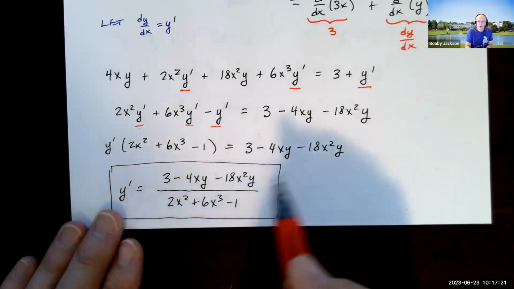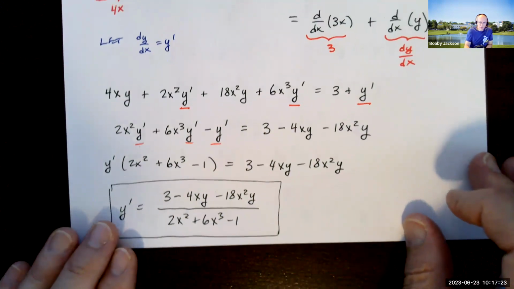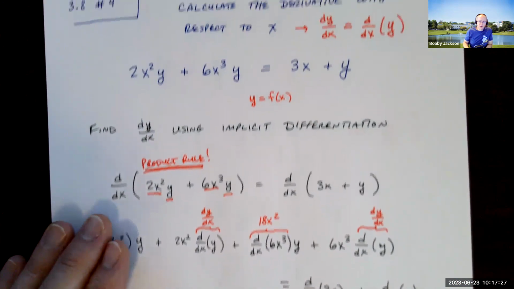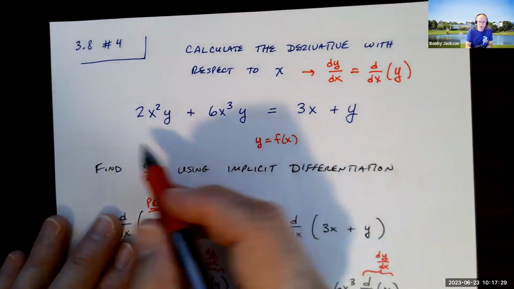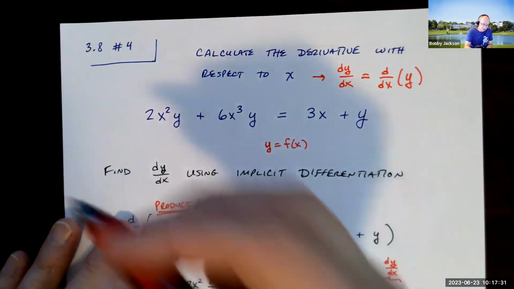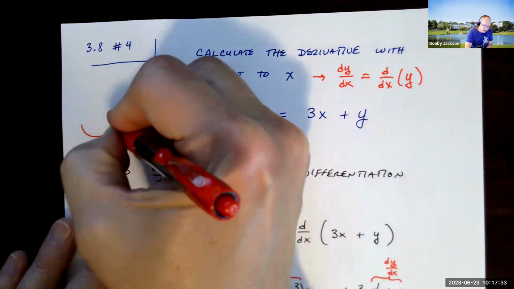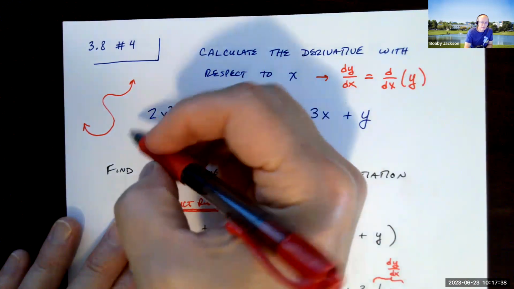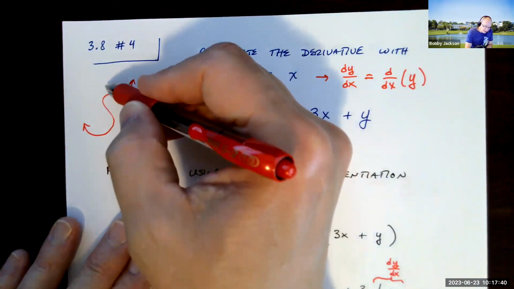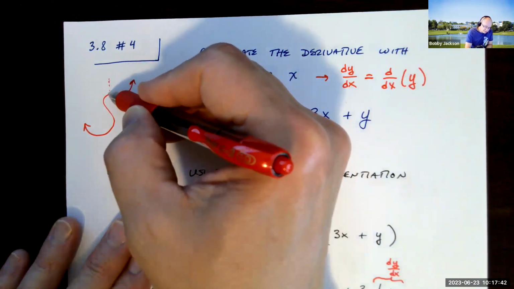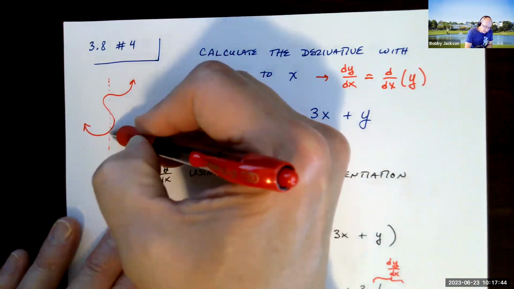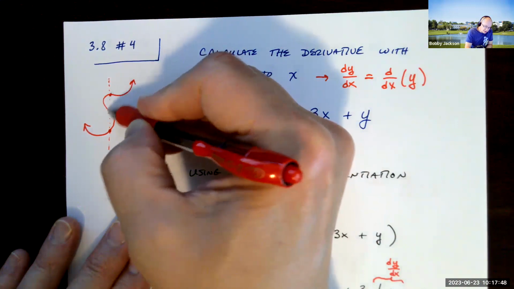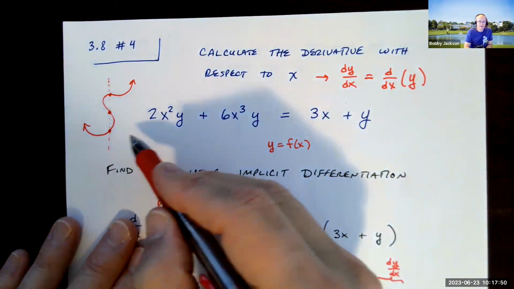And that's important, right? Because when we actually look at the graph of this original relation, I'm not going to show you exactly what it looks like, but a lot of times these relationships will have graphs that look something like this. I don't know, maybe it looks something like this, who knows? But the point is, for a given value of x, we can have more than one point on this relation.